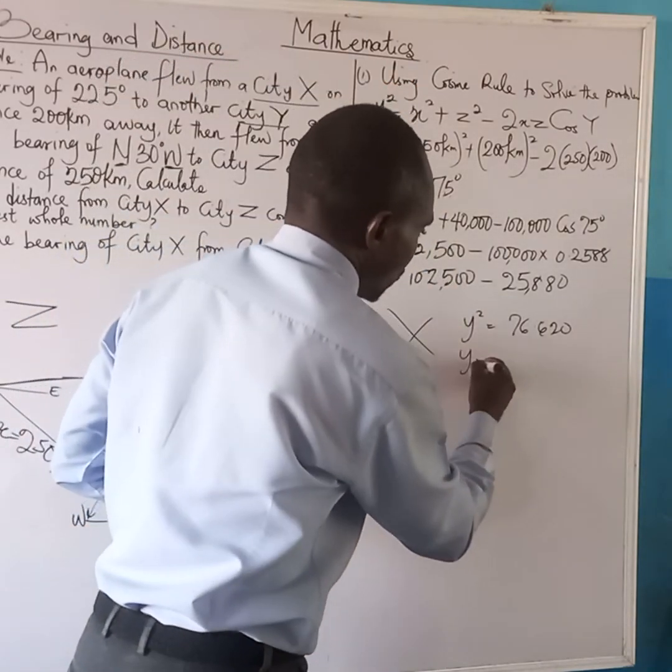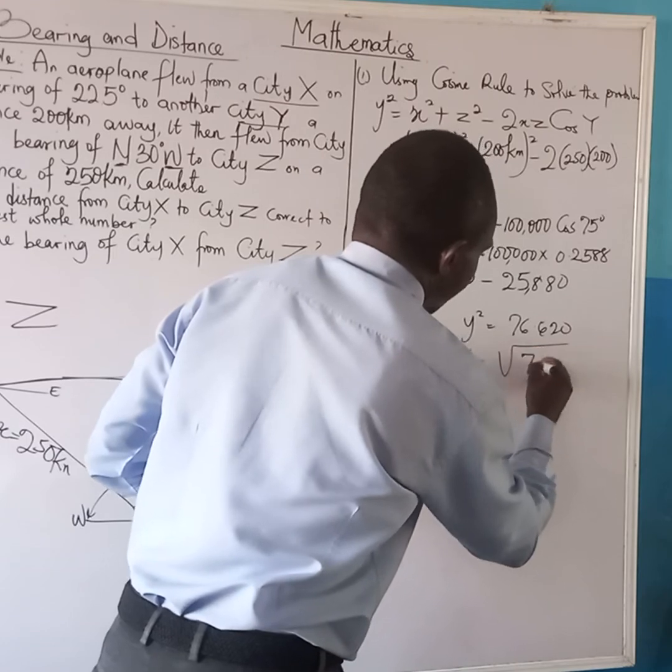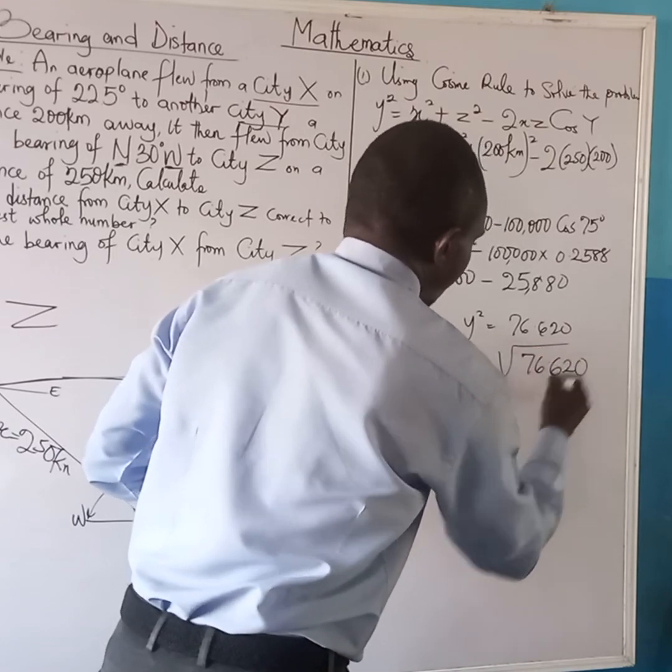So our y value will be the square root of 76,620.